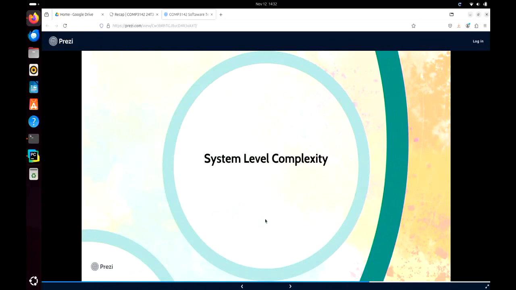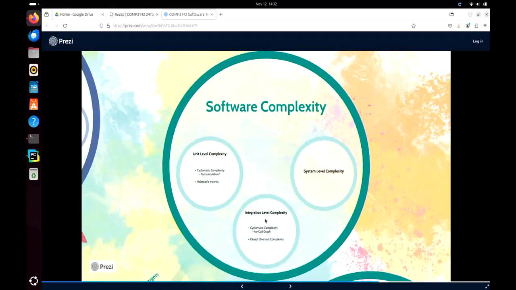Actually, system-level complexity is made up of those unit level and integration level complexity. We don't really have a definition for this, but system level complexity analysis is important because we can use this complexity analysis to prioritize our testing targets. And that's all about software complexity.